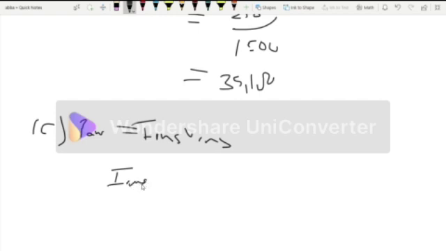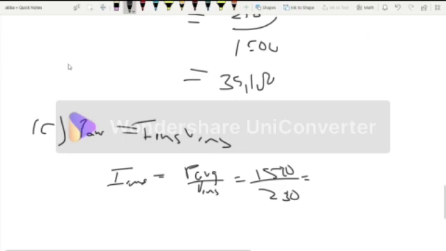Irms equals P average over Vrms. So now we have 1500 here, and we're going to divide it by 230. Let's see how much we get there. If we divide it, we get 6.52 ampere.